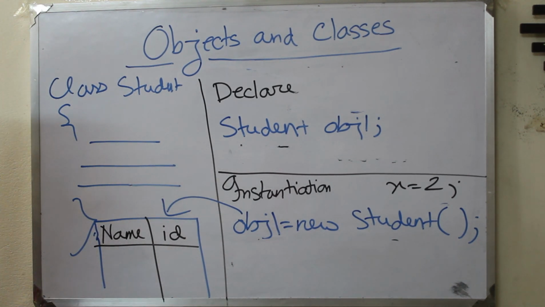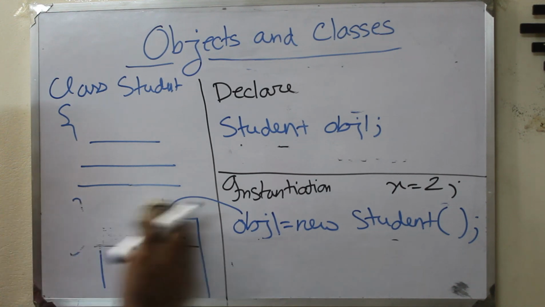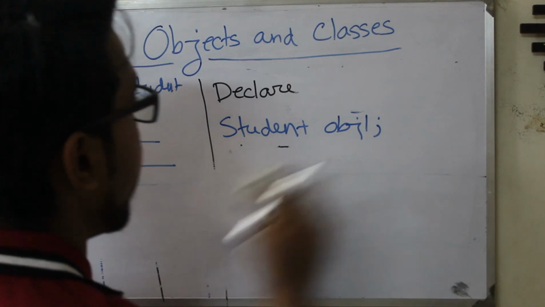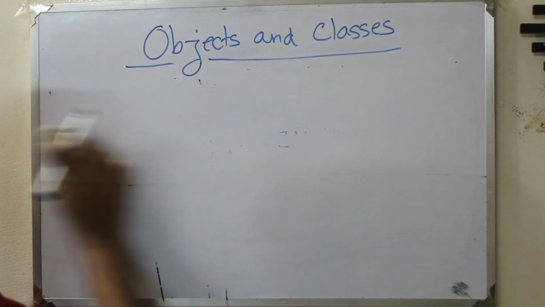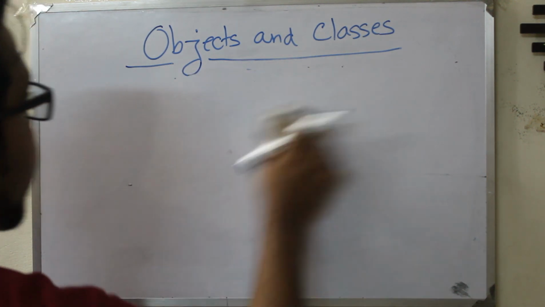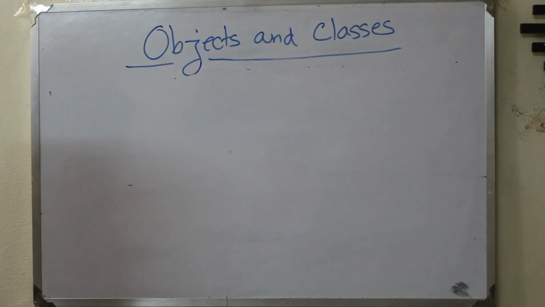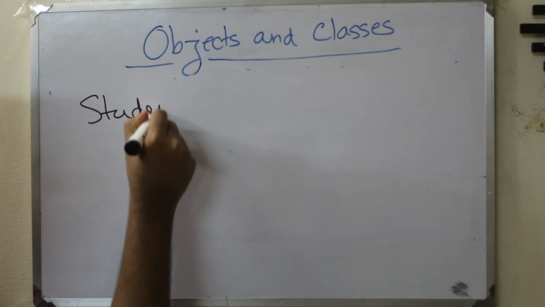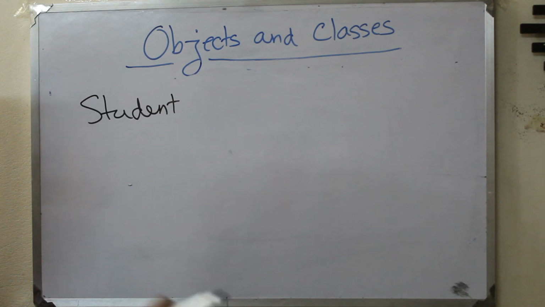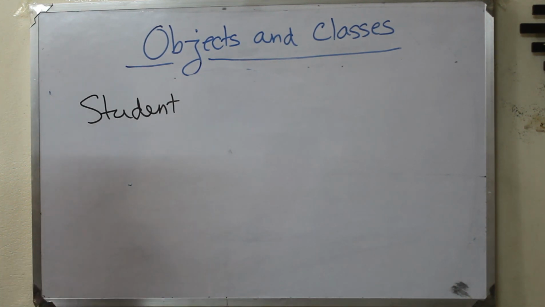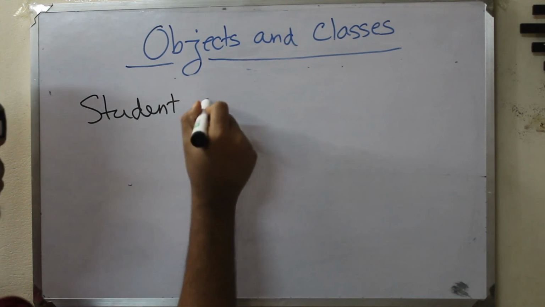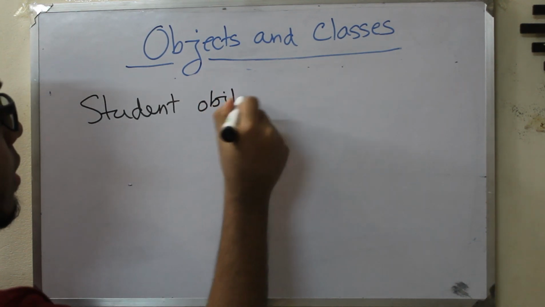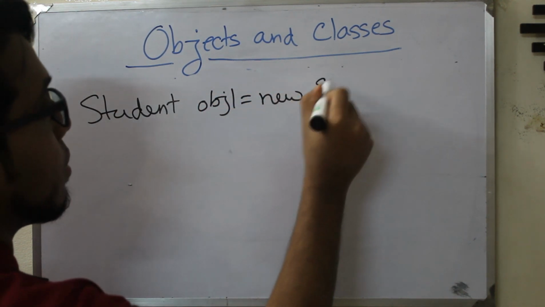To give you a better idea, we're going to move on with creation of different objects. Let's think of creating 2 different objects. The first one is of type student. We can do the 2 parts, the declaration and instantiation, in the same line. So we write student obj1 is equal to new student.